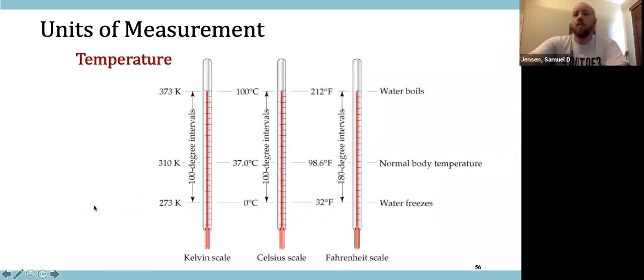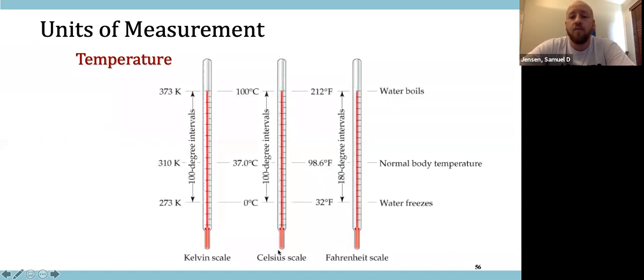All right, temperature. This is probably a new scale that many people may not be familiar with, which is the Kelvin scale. Most everybody's familiar with at least Fahrenheit and Celsius. We will not use the Fahrenheit scale ever. There is a conversion from Fahrenheit to Celsius, but I probably will not give you any questions. I am going to assume the Fahrenheit scale does not exist.